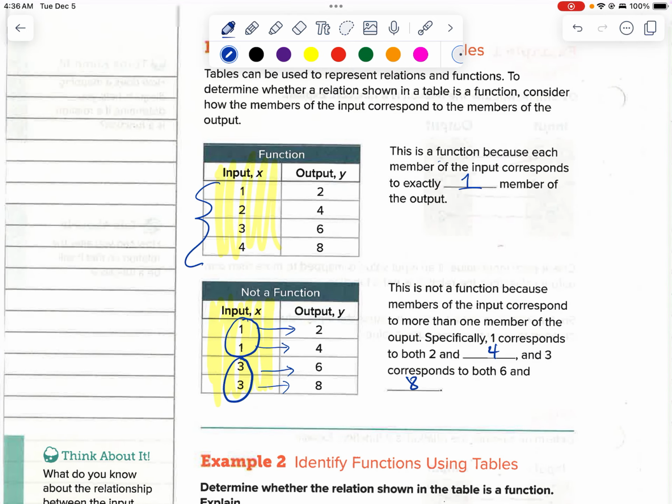Okay, so if I have a table, the x values cannot repeat.